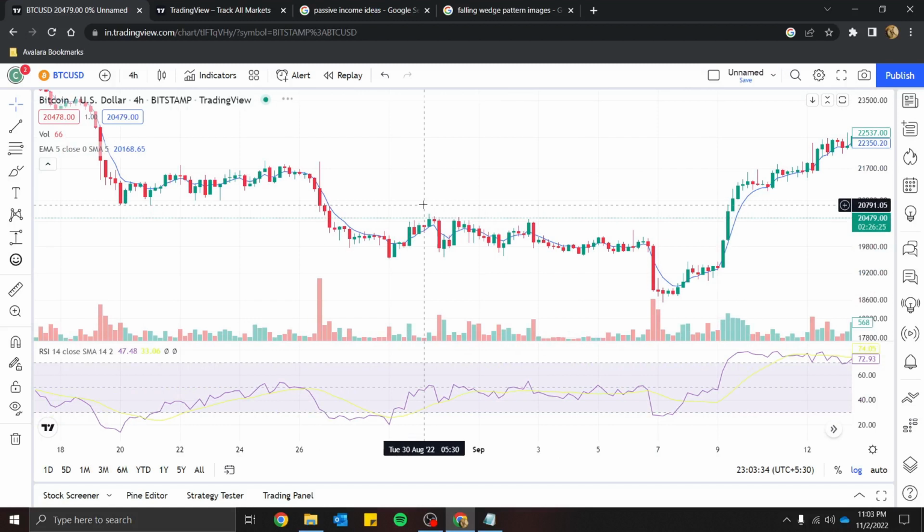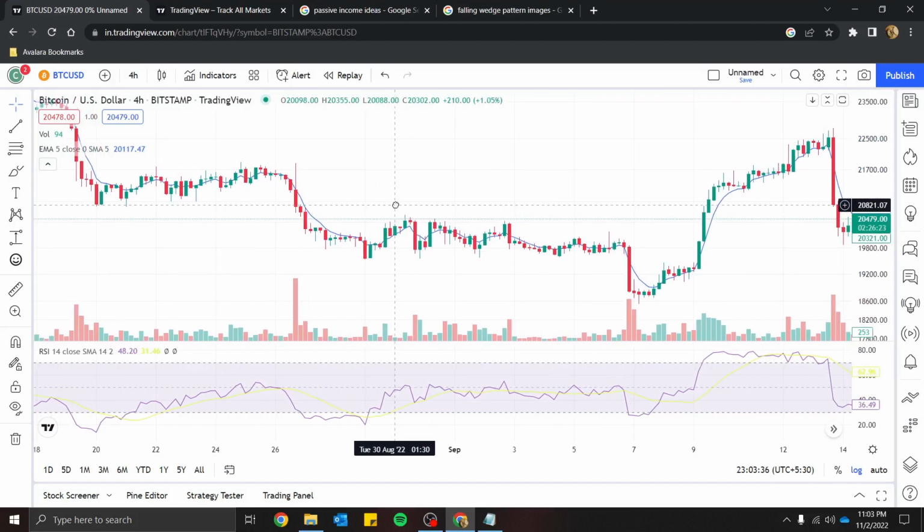So out of 10 trades, a maximum of 5 to 6 times your stop loss will be hit. But since our rule of thumb is, we will take a trade and make the profit only when we get a minimum of 1 is to 3 risk to reward.